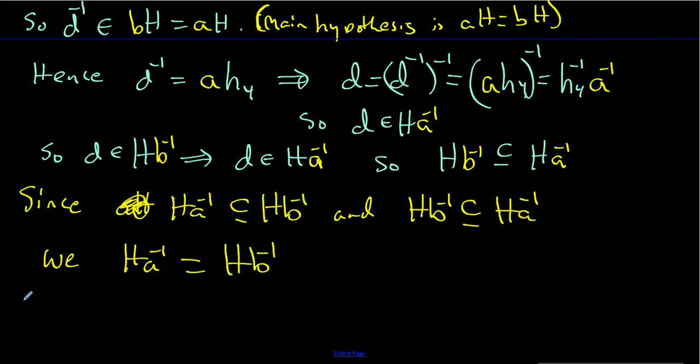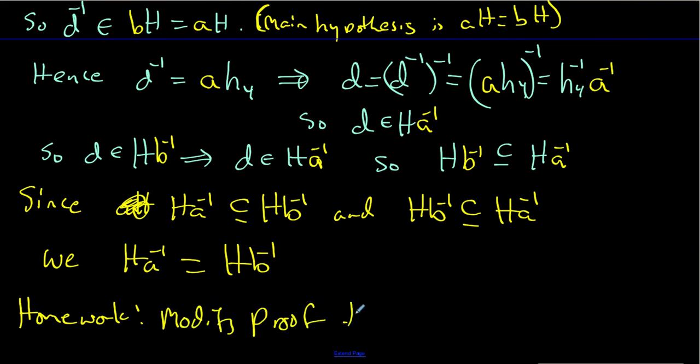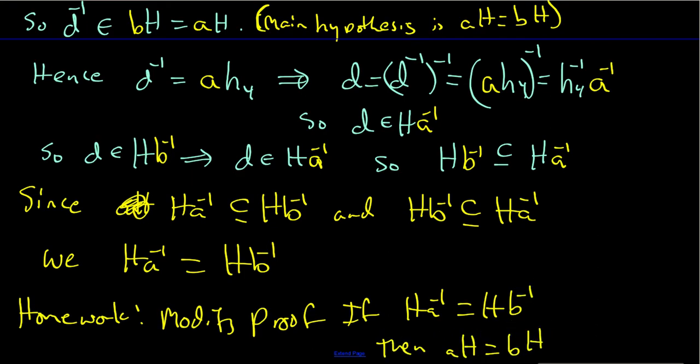I am going to leave it for homework for you to modify this proof to show that if the two right cosets are equal, then the left cosets are equal. And that really is done in very much the same way.